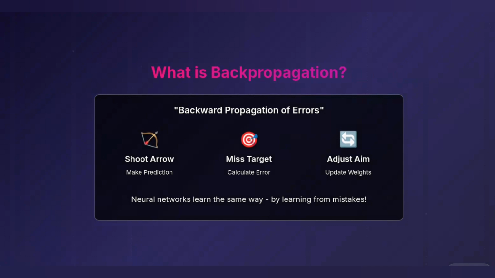When a neural network makes a prediction, information flows forward through the network. This is called the forward pass. The network takes input data, processes it through multiple layers, and produces an output. But here's the key. The network's initial predictions are usually wrong.